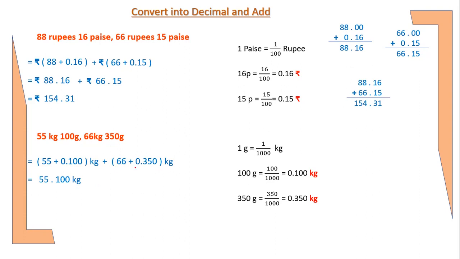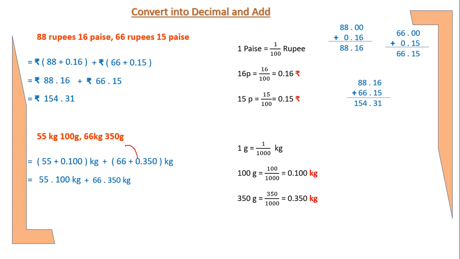Same way, we will add the second one. Look at the second one. First, we will add the decimal part. In this number, there is no decimal part, so I will write the decimal part as it is. Then I will write this decimal point also as it is before the decimal part. Then I will add whole part to whole part.